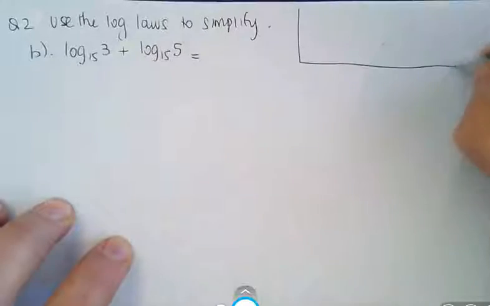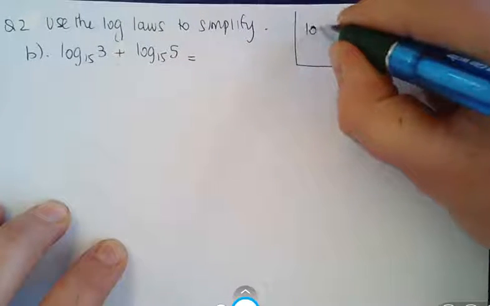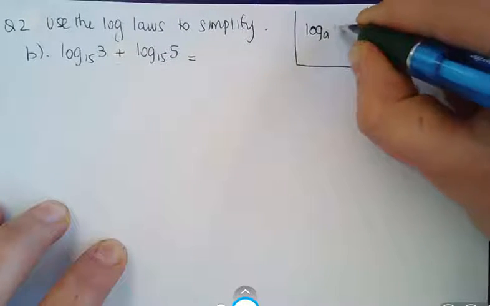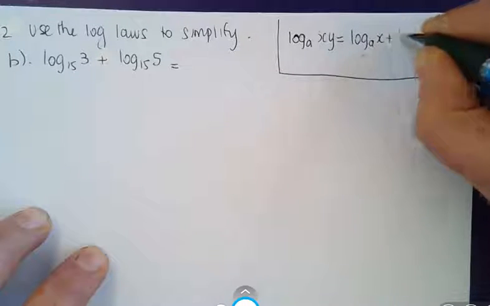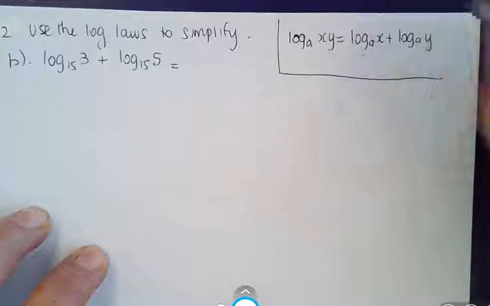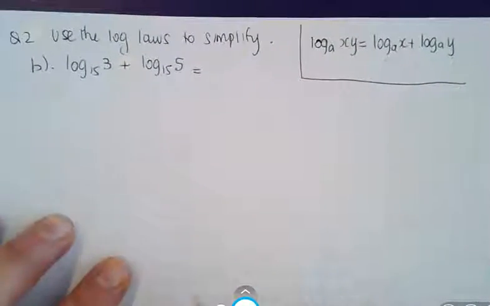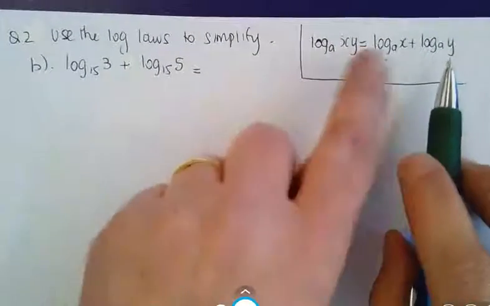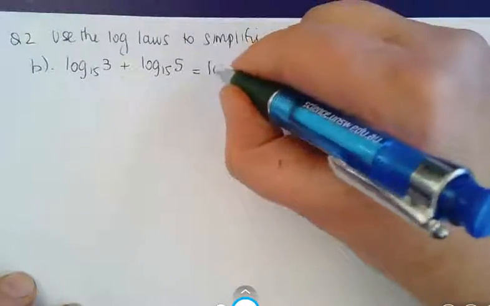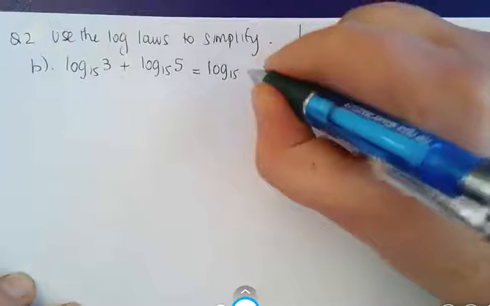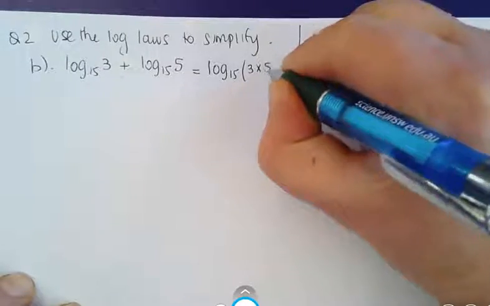I'll write the first log law that we're referring to. Log to the base A of x times y is log to the base A of x plus log to the base A of y. That's the rule that would be used here. I've given you the right-hand side here. So it's log to the base 15 of 3 times 5.